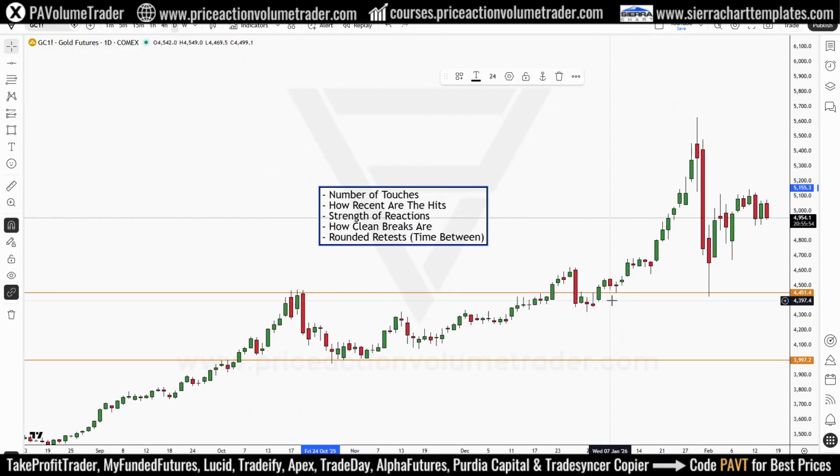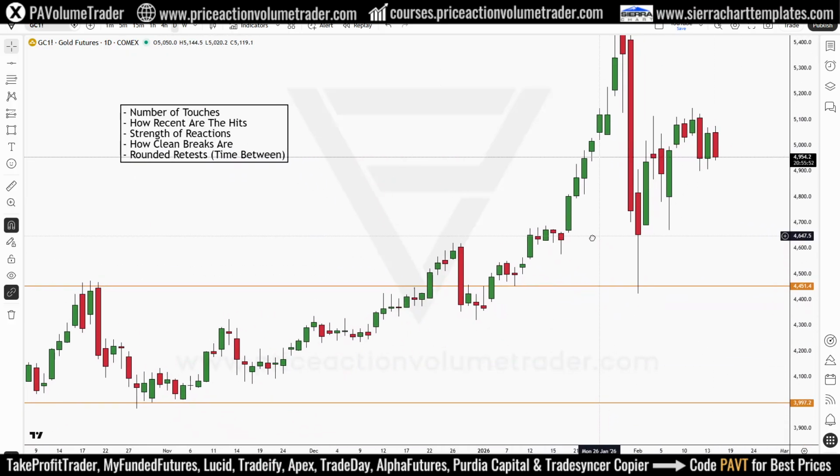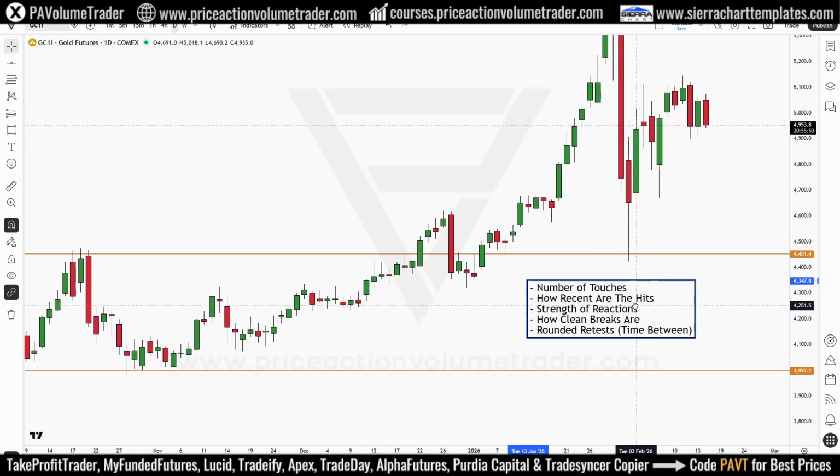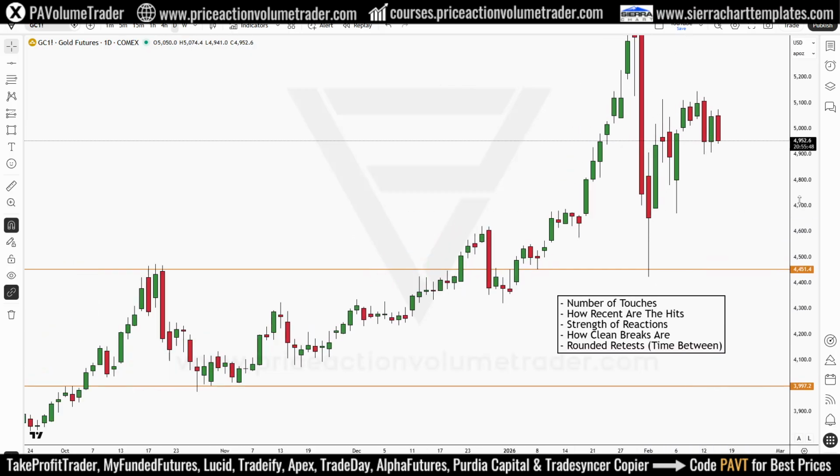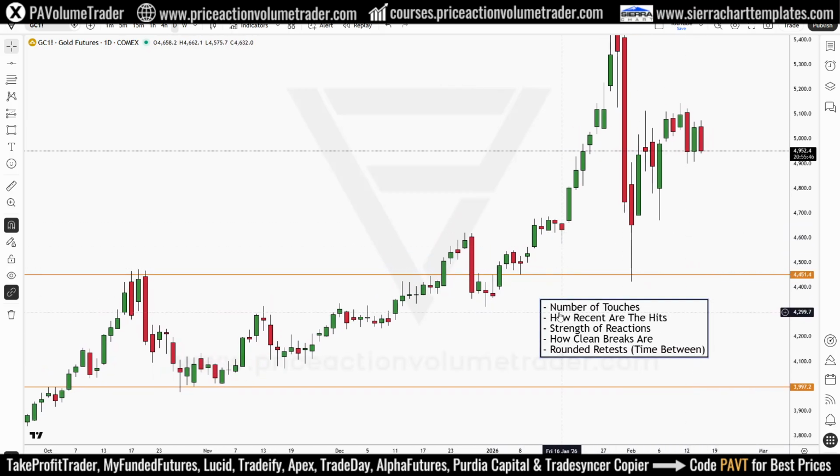And then as you can see, here I'm applying several concepts at once. I'm applying the number of touches, the strength of the reactions, and then I'm also applying the rounded retest principle. Obviously, if I go into a lower time frame, this was a very nice retest.